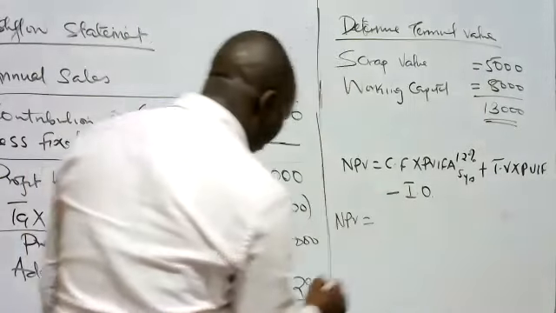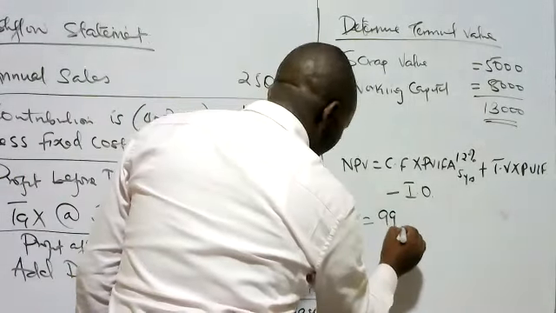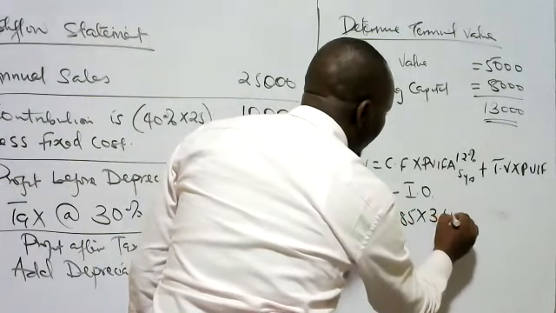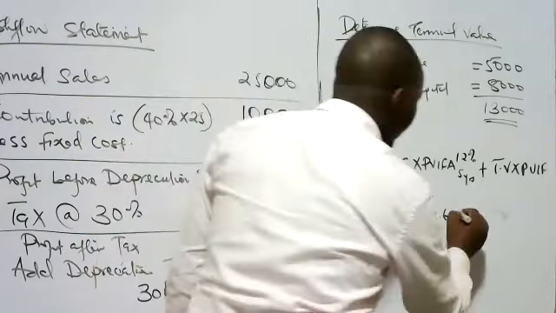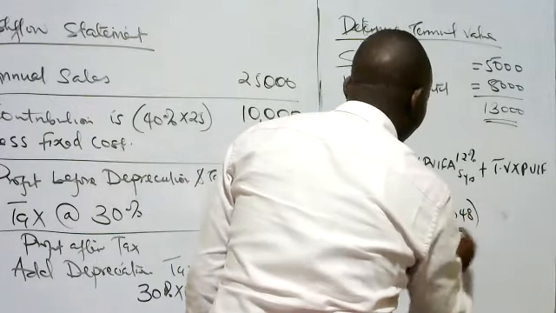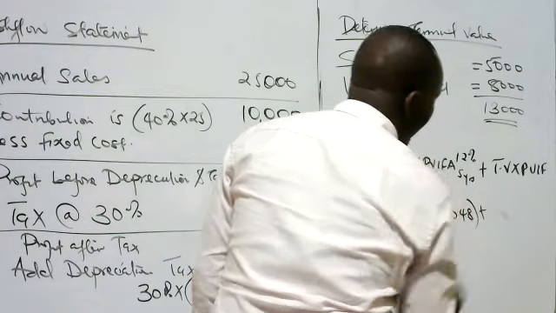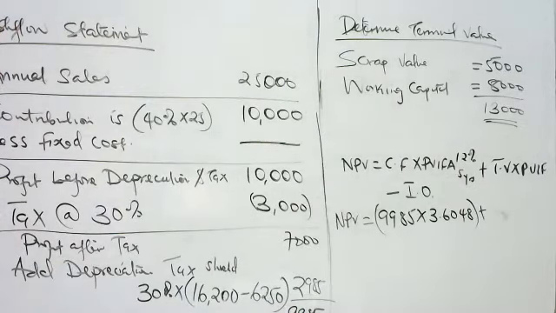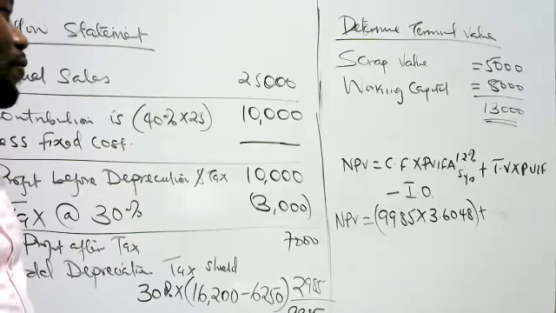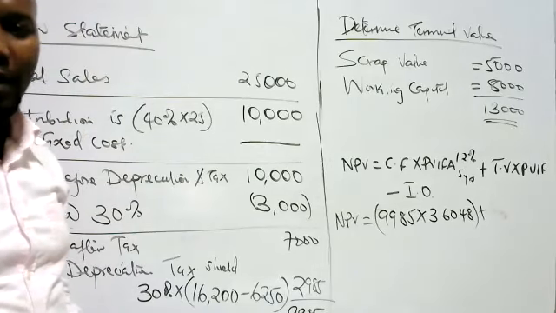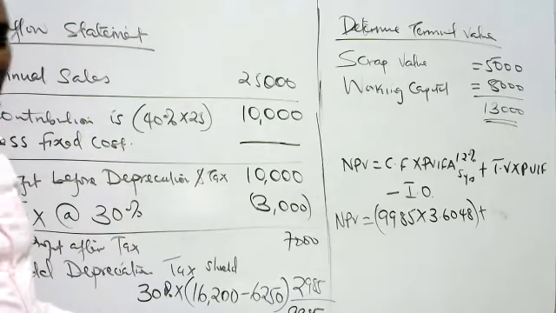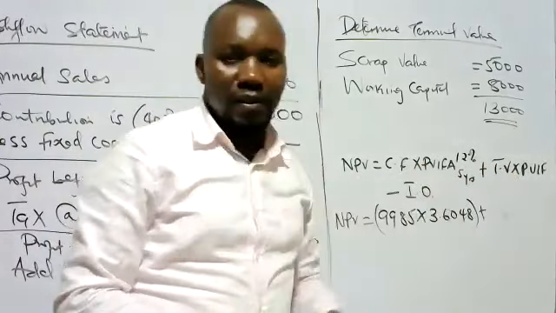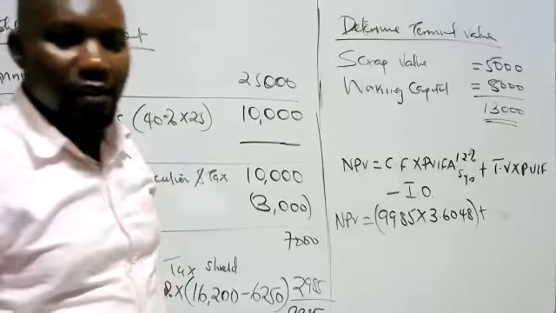So we have our 9985 times 3.6048 plus terminal value 5 years 12% PV. What is it? PV for 12%, 5 years, 0.5674.